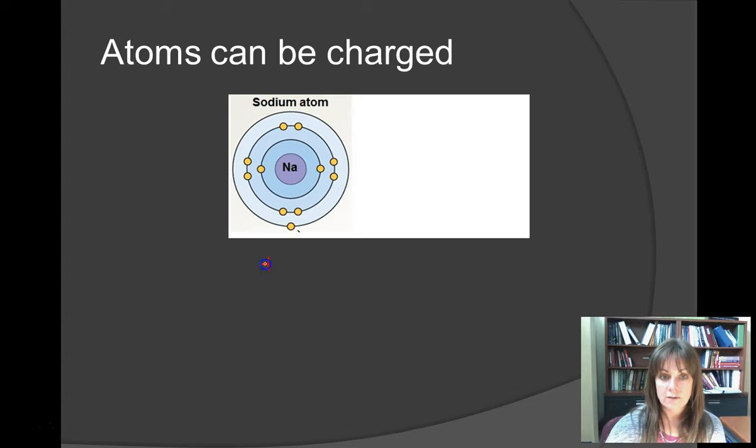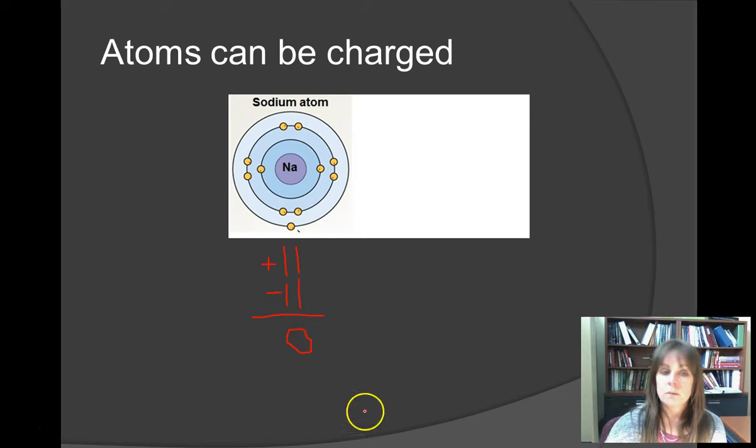So we're going to have plus 11. And now let's count our electrons. We've got 1, 2, 3, 4, 5, 6, 7, 8, 9, 10, 11. So we've got 11 negative charges. Our overall charge on this will be 0.